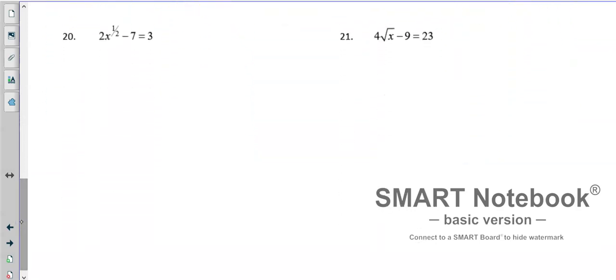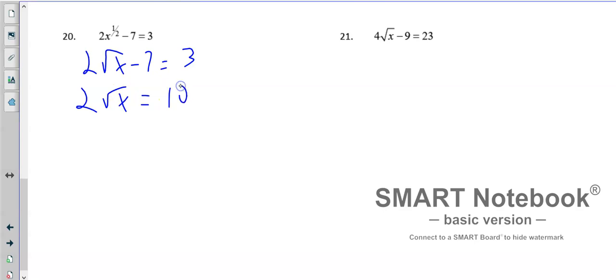No extraneous answers yet. All right, on this one I need to add 7 first. Remember, this is the same thing as 2 times the square root of x. It doesn't matter how you look at it, but the 2 is a coefficient. So we're going to add 7. Don't divide by 2 first. You've got to get the radical by itself, or the x by itself. So square root of x, or x to the 1/2, doesn't matter, equals 10.